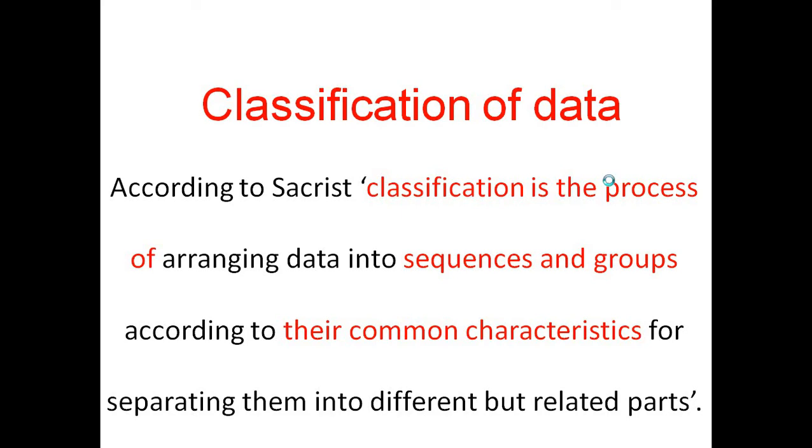Which common character have you taken? In the case of herbs, they are herbaceous. Shrubs are bushy plants, grouped according to their height. Trees are there, and climbers climb on other plants. So you have taken a common character and classified the total plants of the nursery into such groups on the basis of common characteristics.